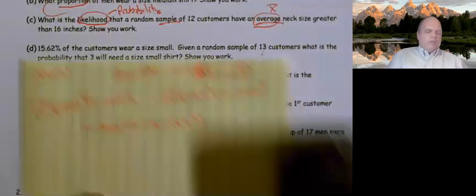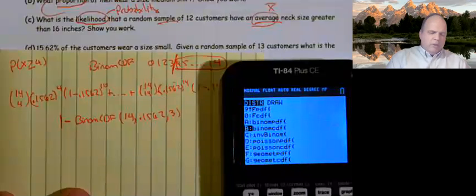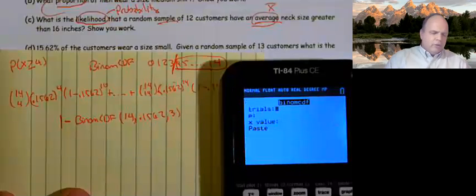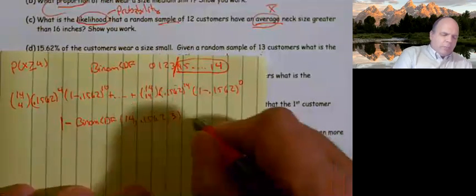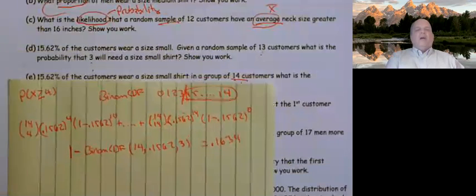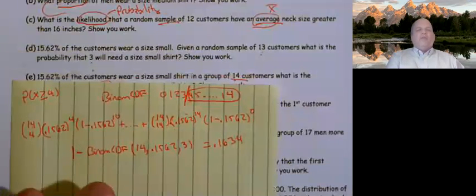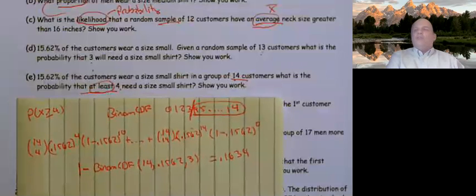So 1 minus second vars, binomial CDF, trials is 14, probability 0.1562, X value 3, and we get 0.1634. So the probability that at least 4 customers out of 14 need a size small is 0.1634.